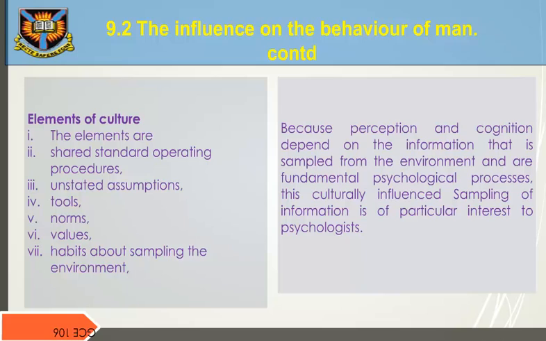Elements of culture: 1. Shared standard operating procedures. 2. Unstated assumptions. 3. Tools. 4. Norms. 5. Values. 6. Habits about sampling the environment. Because perception and cognition depend on the information that is sampled from the environment and are fundamental psychological processes, this culturally influenced sampling of information is of particular interest to psychologists.